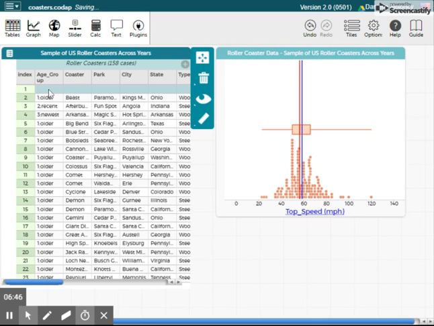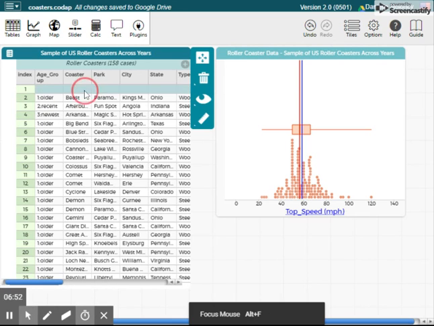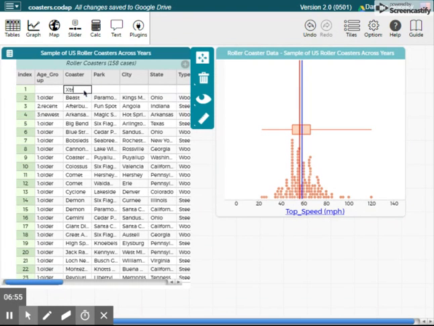So this new case is the extreme coaster in the Blue Bayou Park. It would fall under the newest category, because it was built in 2007. It's found in Baton Rouge in Louisiana.